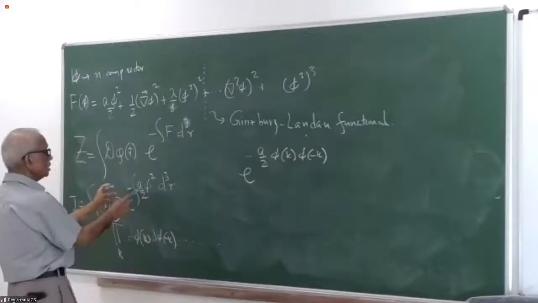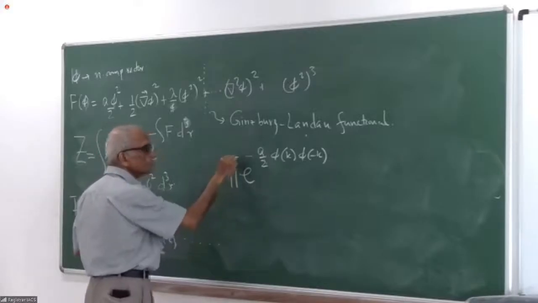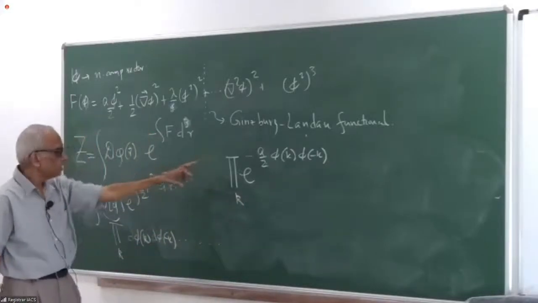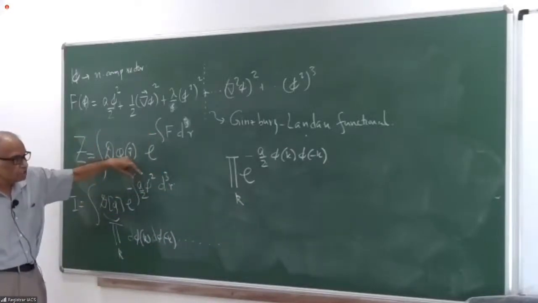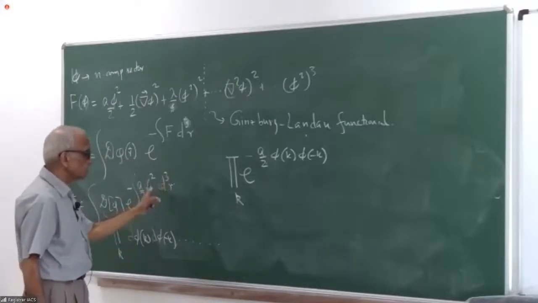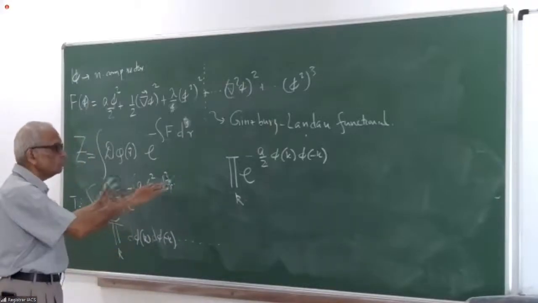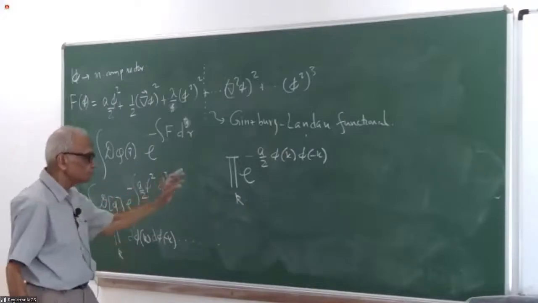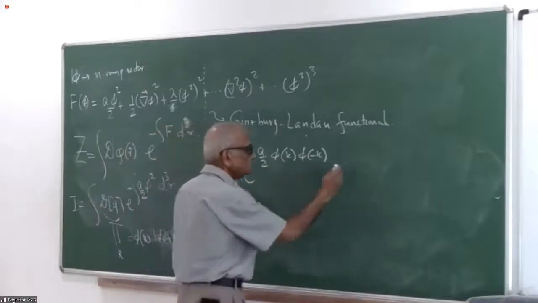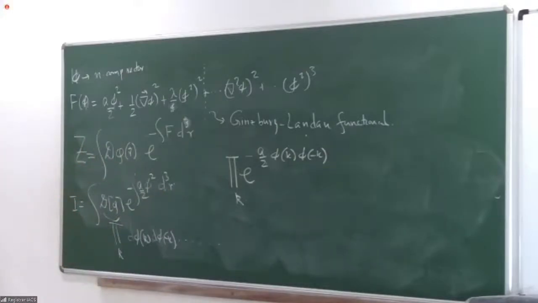So what you are seeing over here is pi over pi of k and e to the power minus. So this integral has become phi k phi minus k d3k, and I can write it as a sum over all the k's, and for a specific k it is minus a by 2 phi k phi minus k, and then there are all the k's that you have which are forming a string over there.